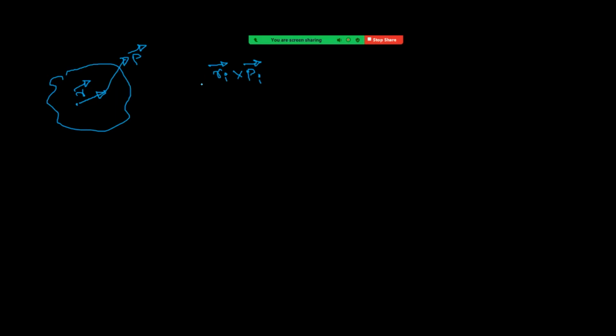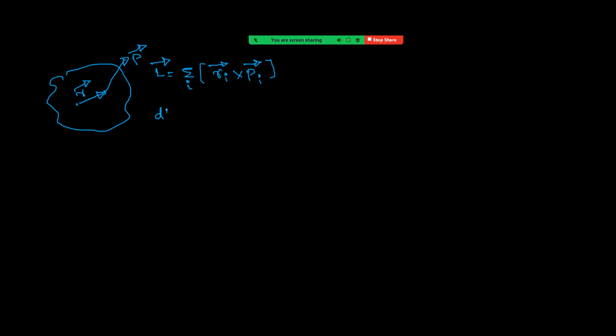Like this, we have to consider all particles, that means we take the summation of all these. So that is now the angular momentum of that body, right? Now differentiate this.